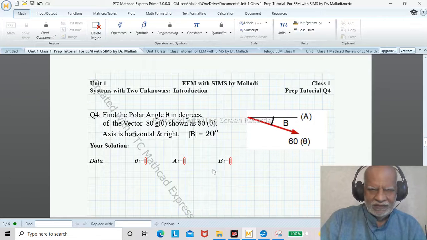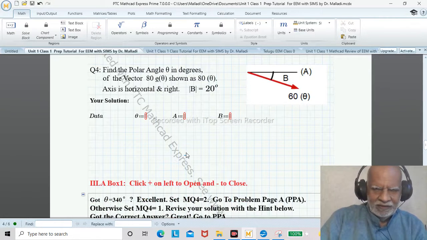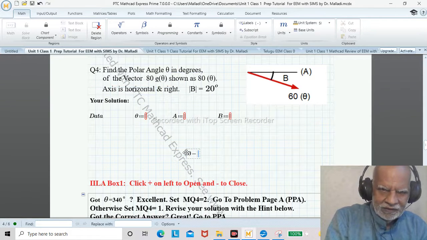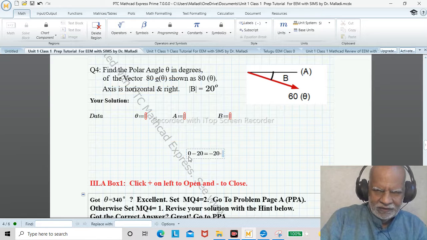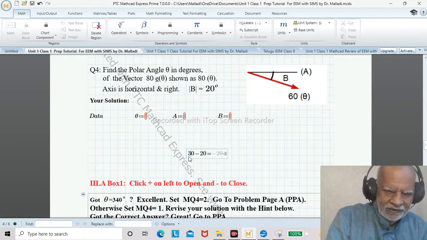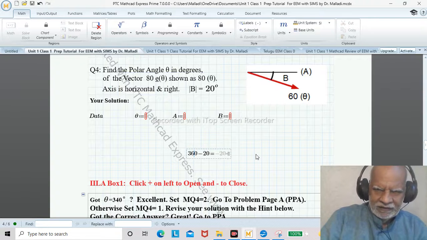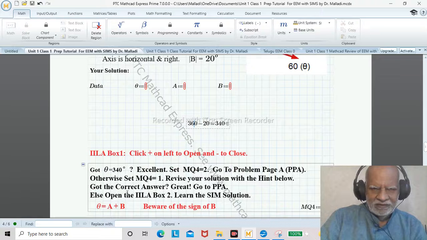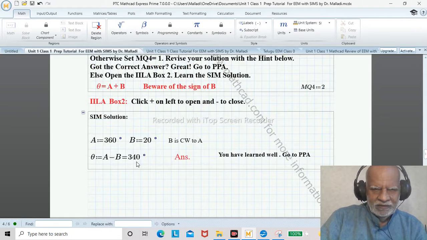I am using this axis, so I can write the answer as 0 minus 20, which is minus 20, or I can put 360 here and get the answer. I prefer this one, so this is the answer. I did that here.